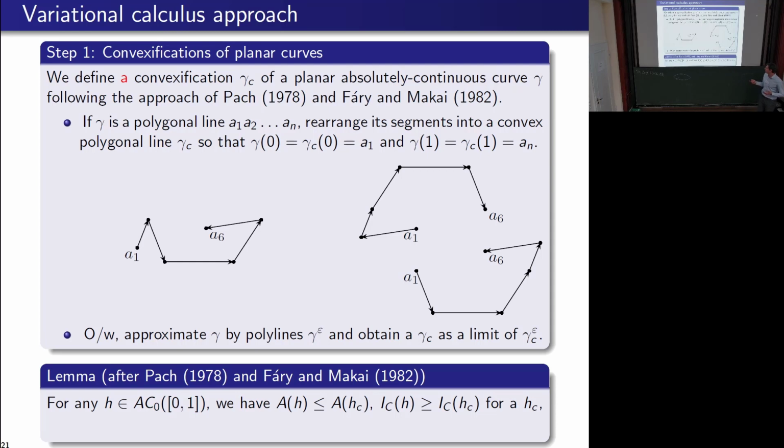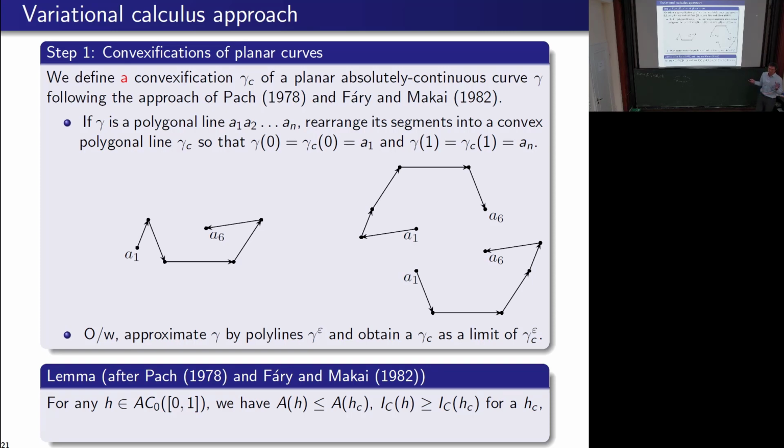First of all, the area of the convex hull does not decrease. So you try to minimize the energy while possibly keeping or increasing the area of the convex hull. This is what convexification does. And second, convexification does not increase the energy.